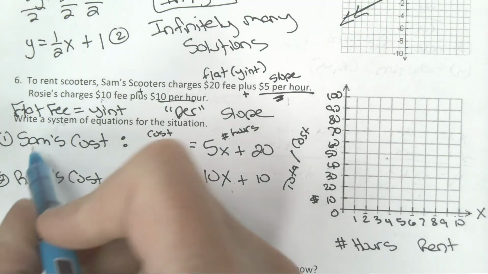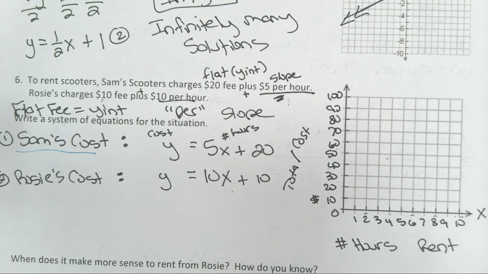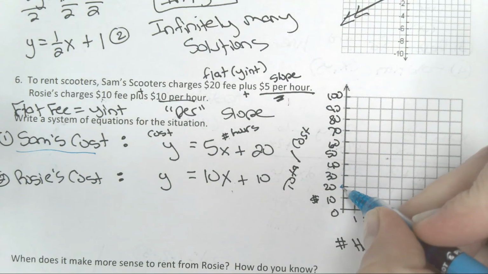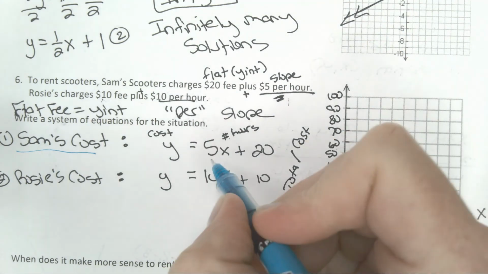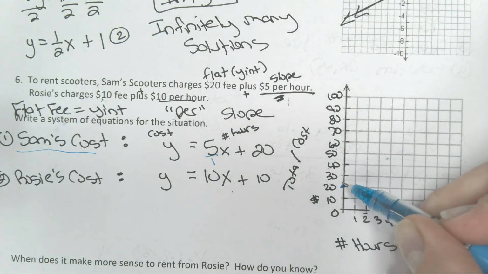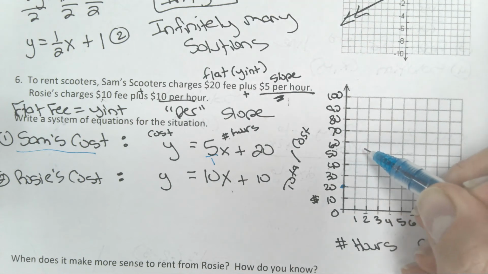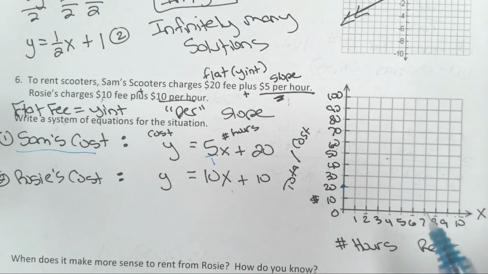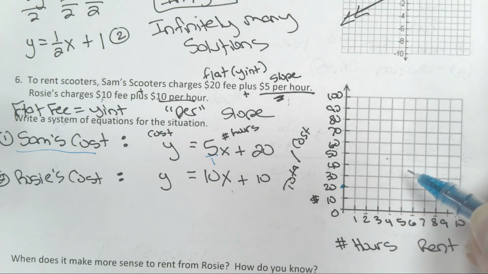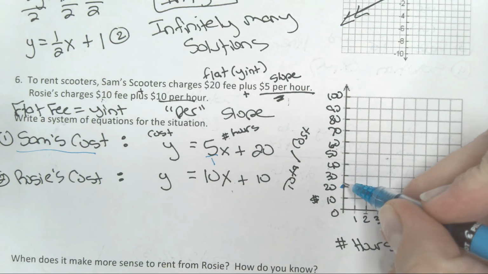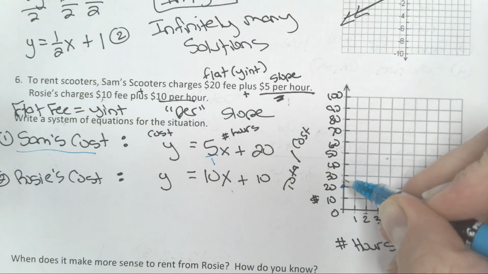All right, so Sam has a y-intercept of 20, and then it has a slope of 5 over 1. So you have to pay attention. We can't go up 5 units and over 1 because my x and my y-axis are counting by different units of measure. So if I want to go up 5 and over 1, this axis is counting up by 10.